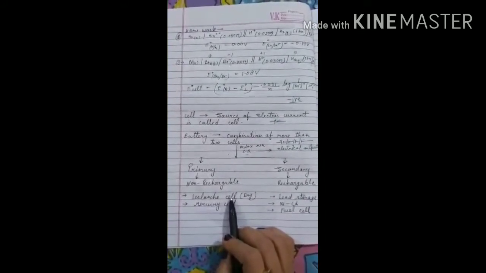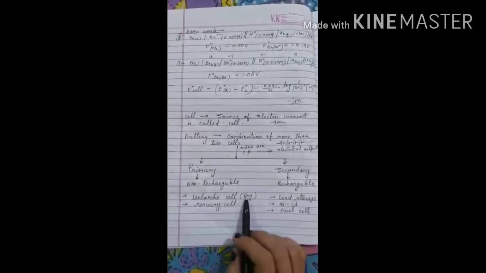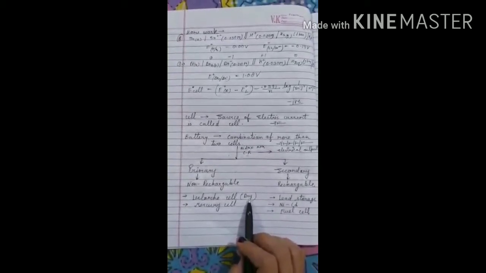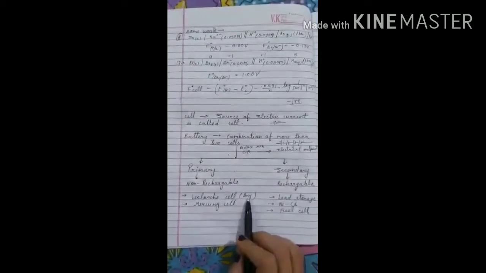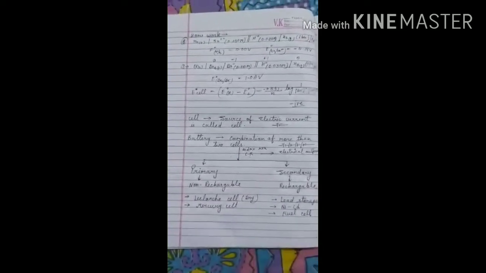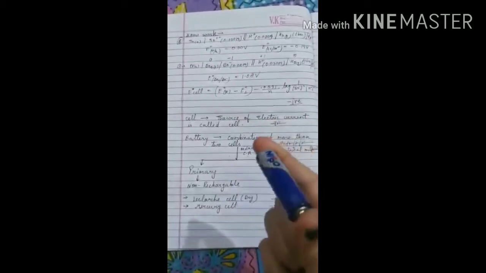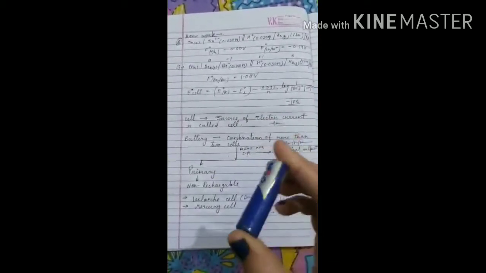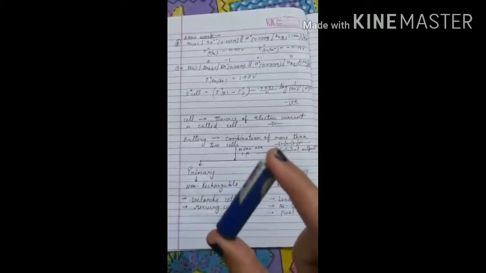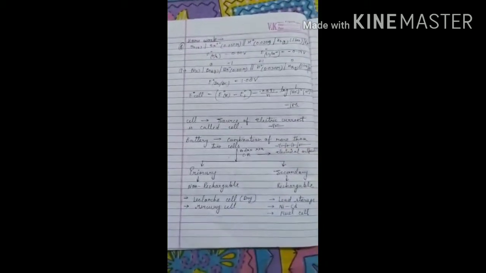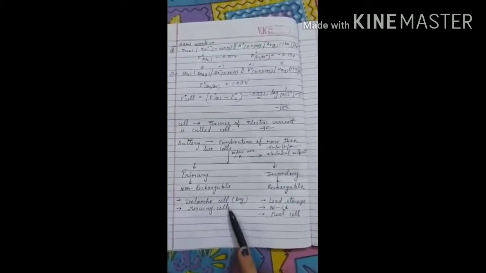Leclanche cell is a specific type of dry cell. Most probably you all have seen it. We keep using it in wall clocks. I have one piece also. This is a Leclanche cell, this is a dry cell. In our next topic, we will study the detailed structure and functioning of the Leclanche cell. And the next cell is a Mercury cell.